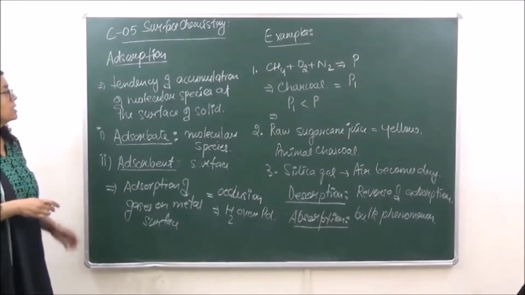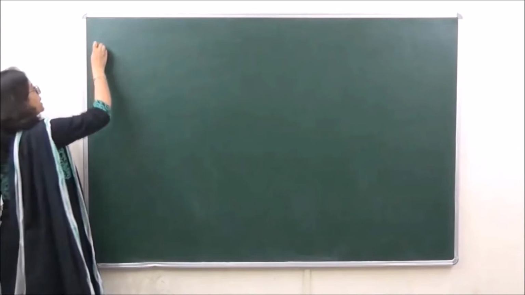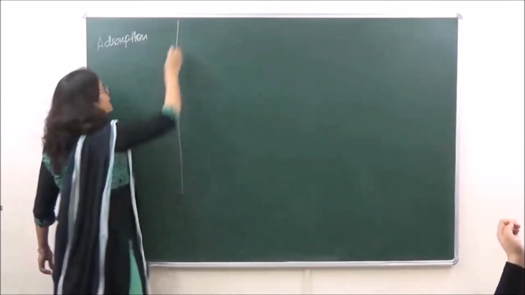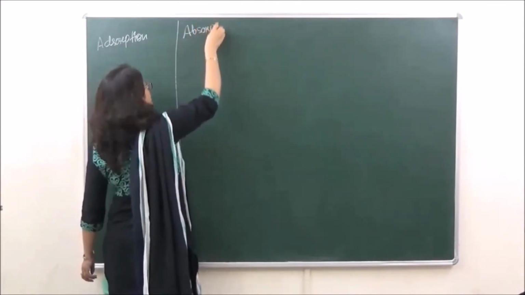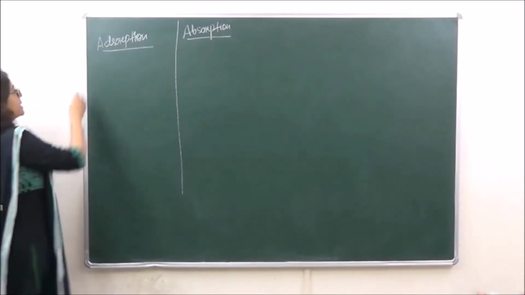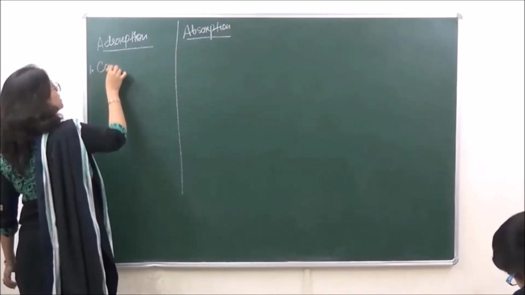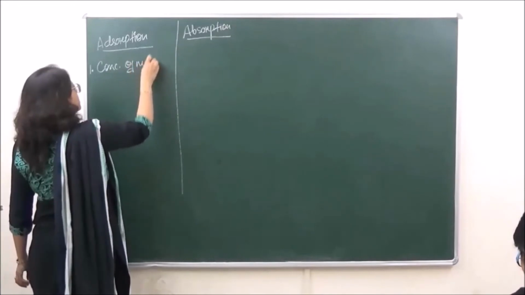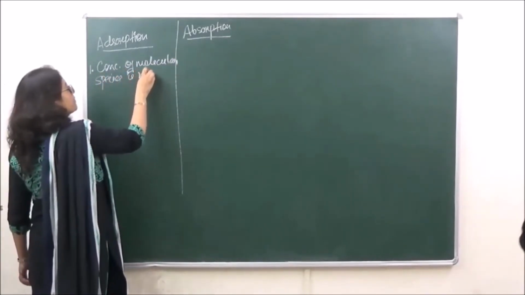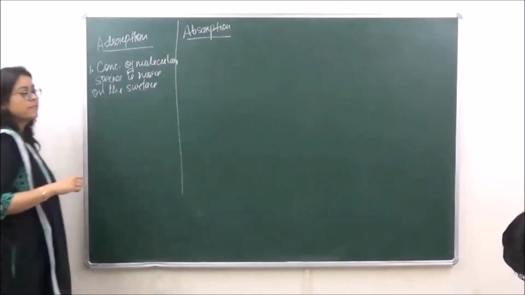Now if we try to distinguish between adsorption and absorption, let's see what the differences are. So let's jot down the differences between adsorption and absorption. Okay, adsorption, in this the concentration of molecular species is more on the surface than in the bulk.